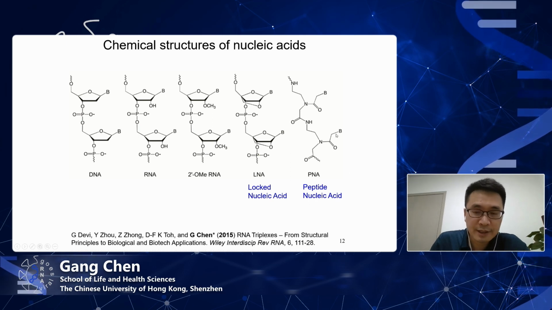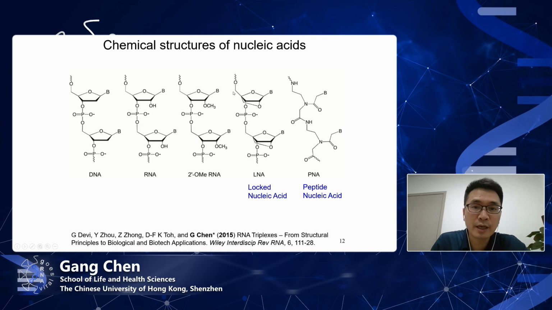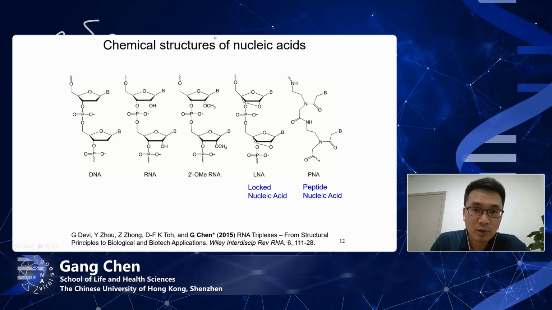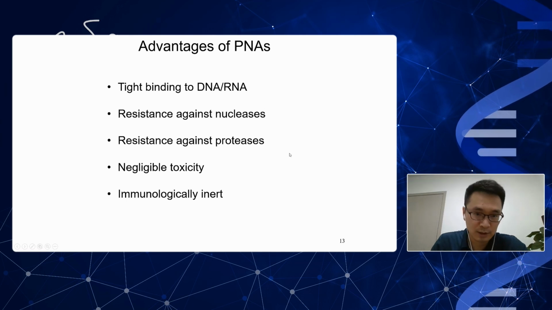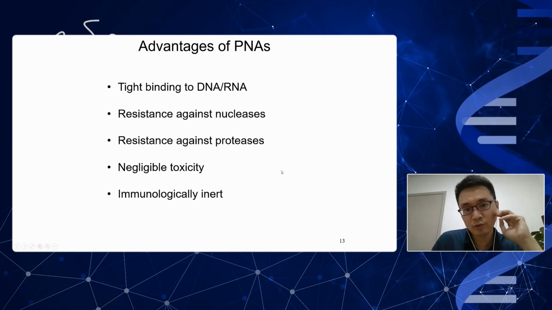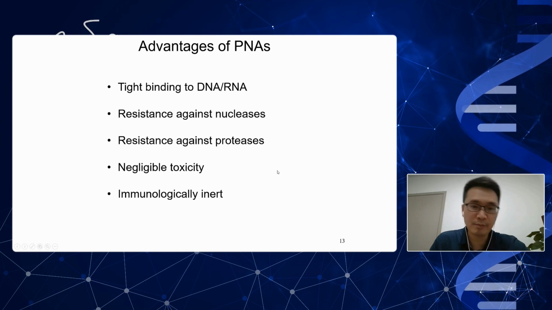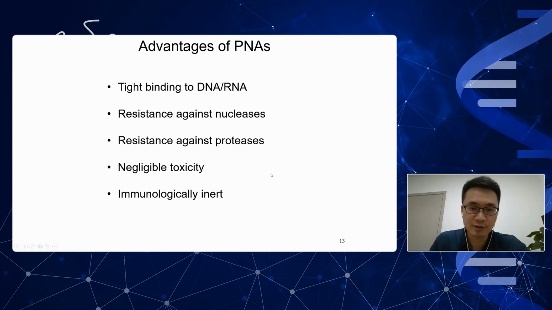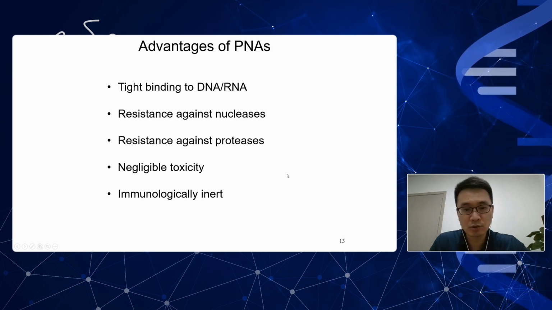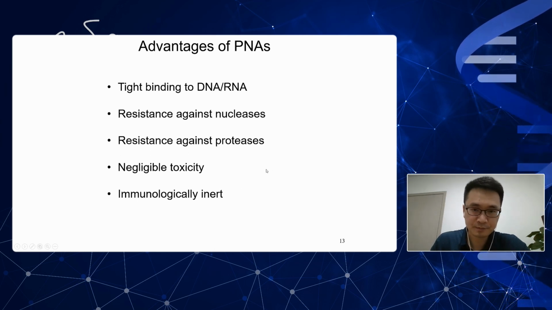So this molecule is chemically stable. It's not recognized by either proteases or nucleases. There have been many animal studies showing that PNA is not toxic, and it doesn't show immune response.